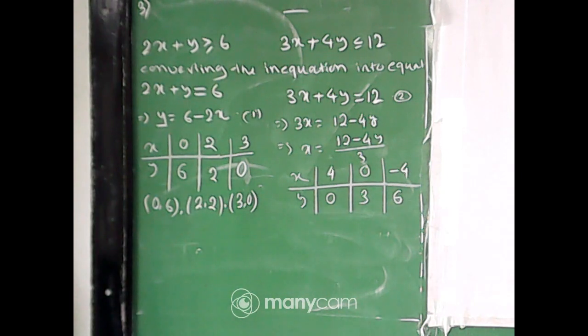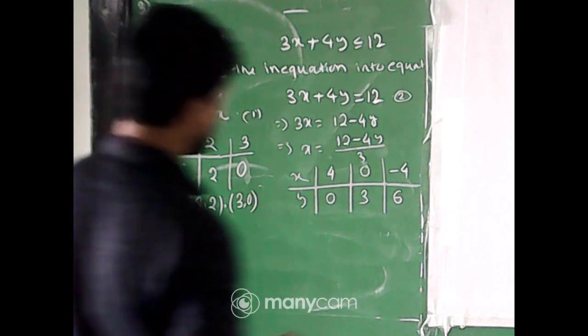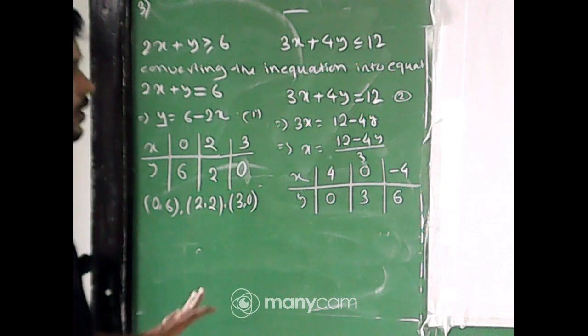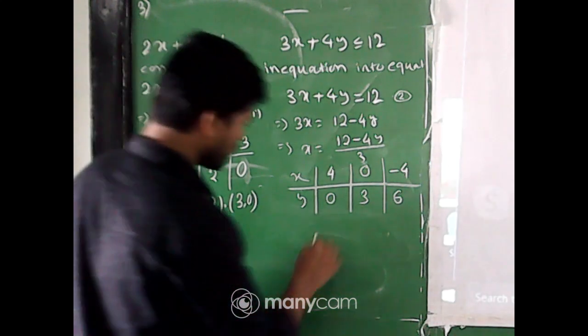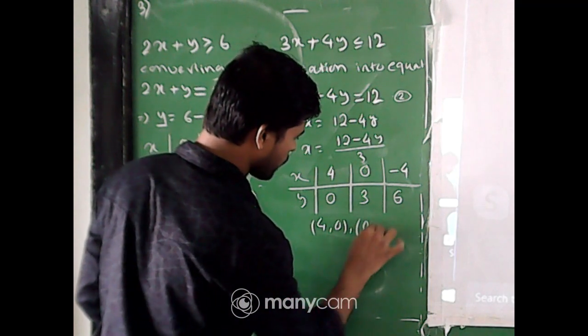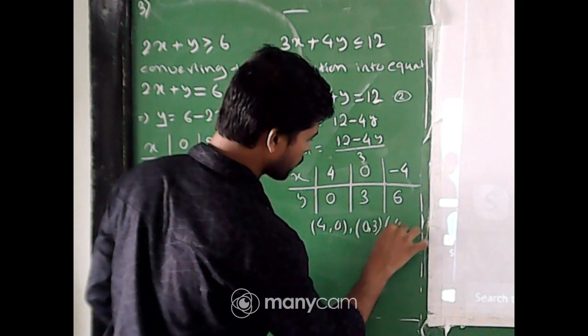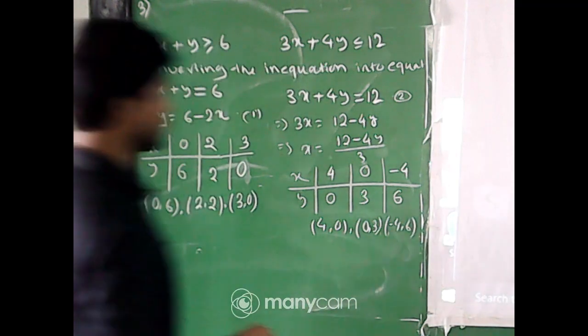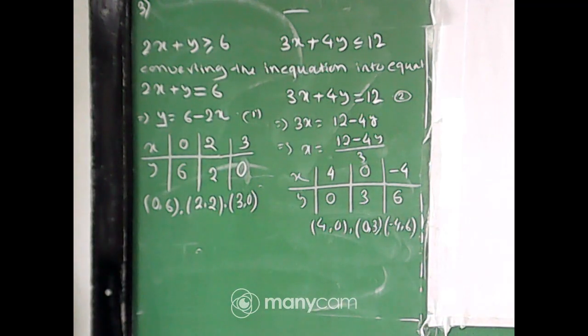So the value of x will be minus 4. Okay, so from here the solutions are (4, 0), (0, 3) and (minus 4, 6). Okay, so solutions are now found.